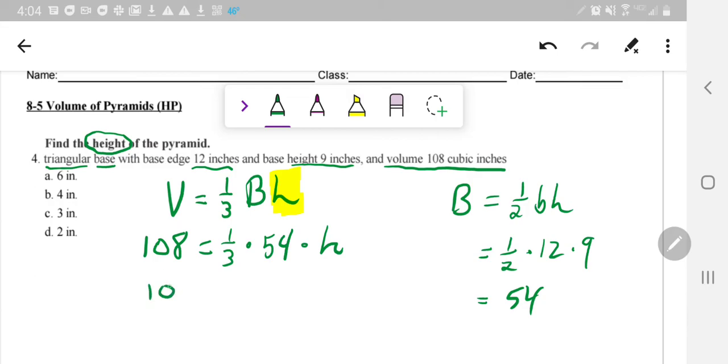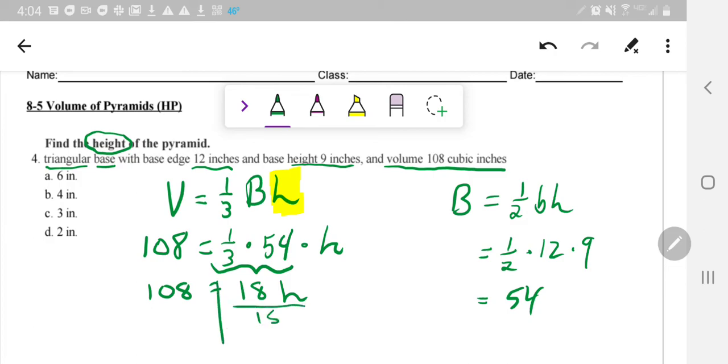So now we're going to simplify these two. I'm just going to multiply those. 1/3 of 54 comes to 18. You can use a calculator. So 18h. Now we have an equation with a variable on one side, and it has this coefficient here. We're going to use inverse operations to isolate it.